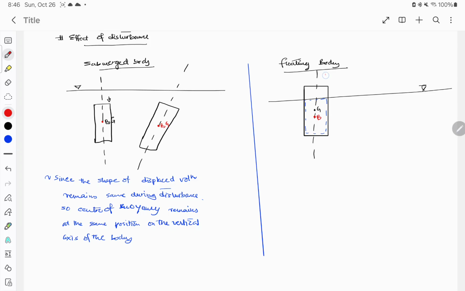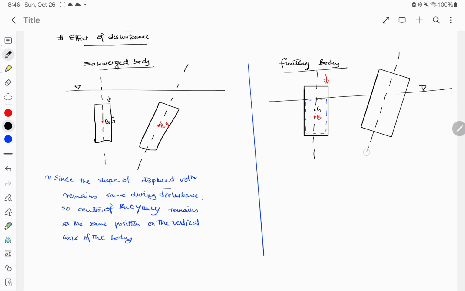Then if we give a nudge here and disturb the body, then the body will tilt like this, right? I have changed the shape of the body, it should not change actually. So it will be like this.